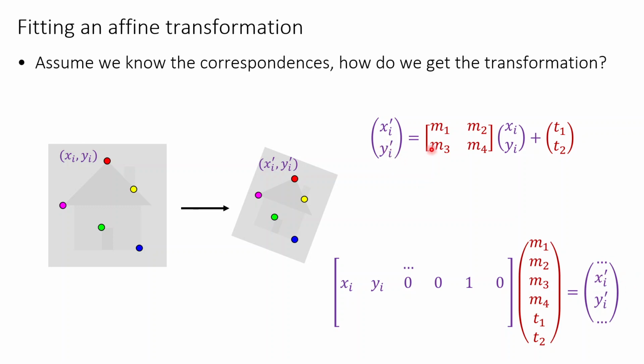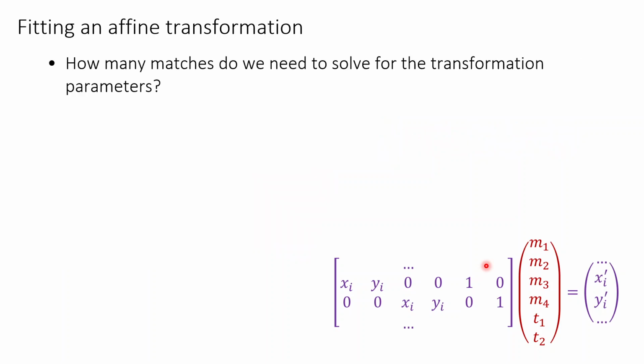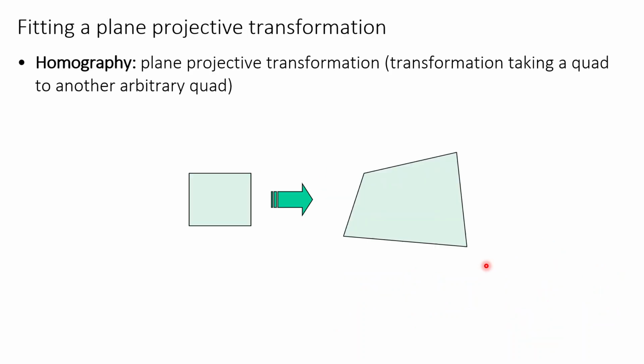My yi prime is like so. Xi multiplies with m3 and so on. So I think you can understand due to one point match how we get these two equations. So we can take multiple point matches because there are 6 parameters, and due to 1 point we get 2 equations. We will need at least 3 point matches to find an affine transformation. So that's the answer to that, 3.